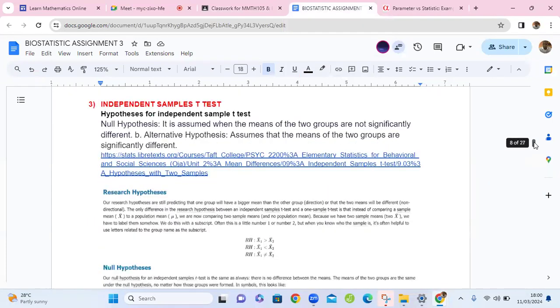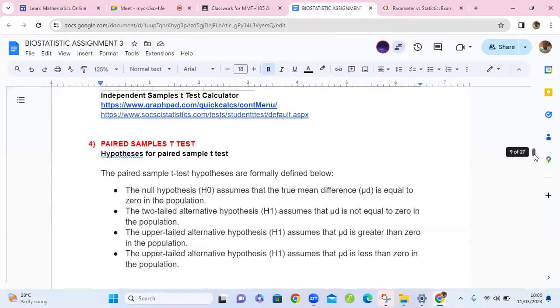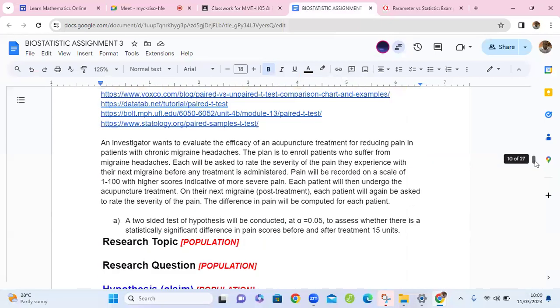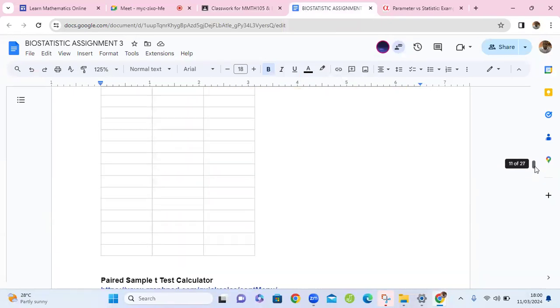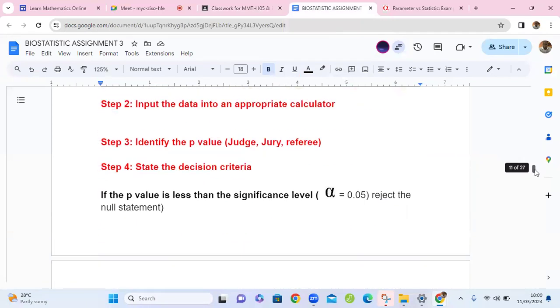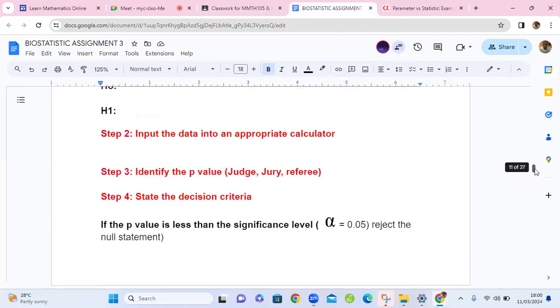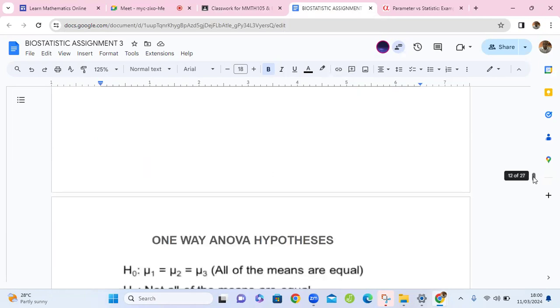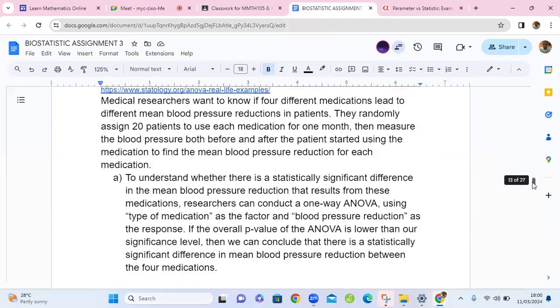The independent samples t-test, again the mean is involved, so that's a parametric test. The paired sample t-test, again the mean is involved, so that's another parametric test. And one-way ANOVA, analysis of variance, is another parametric test.